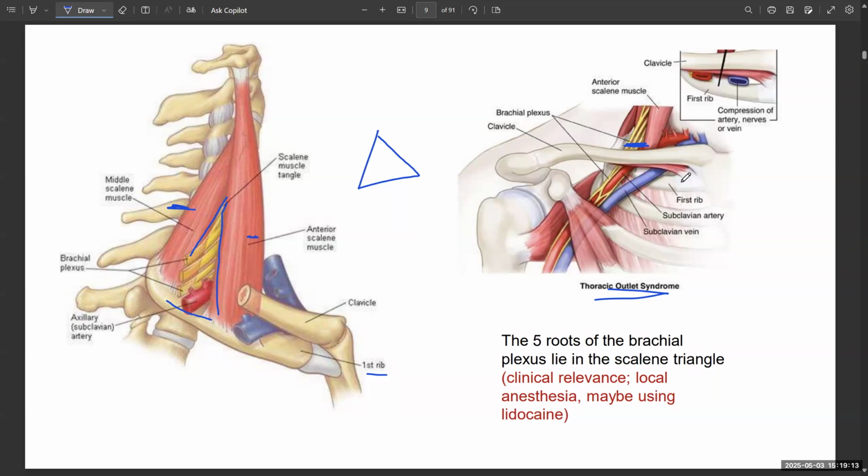If, for example, there's a car accident, God forbid, and the brachial plexus is again compressed, then it is also going to cause numbness and tingling. And if somebody has repetitive movements, for example, an athlete who's practicing badminton, these movements are going to cause, for example, hypertrophy of the muscle or something like that. And that is, again, going to compress this brachial plexus. So this location is very, very important.